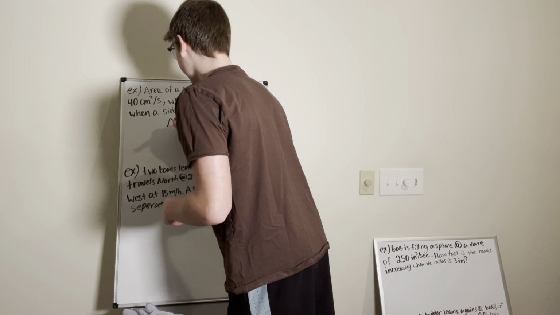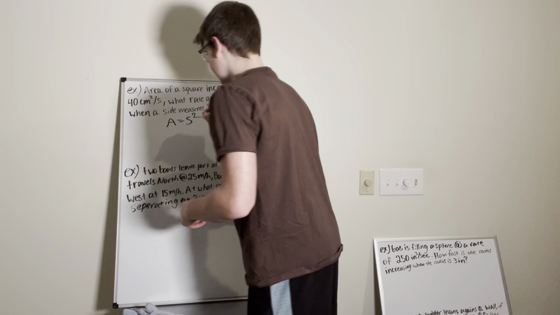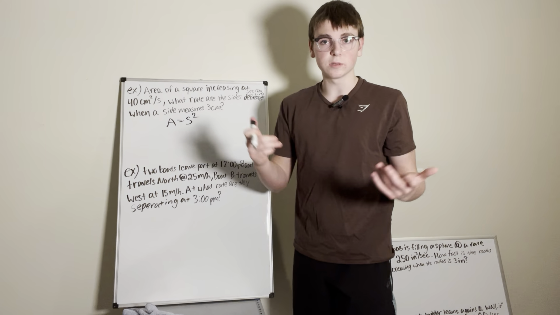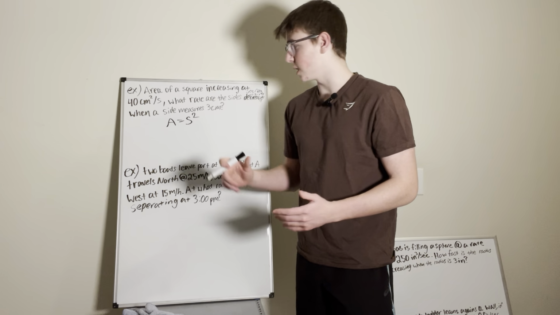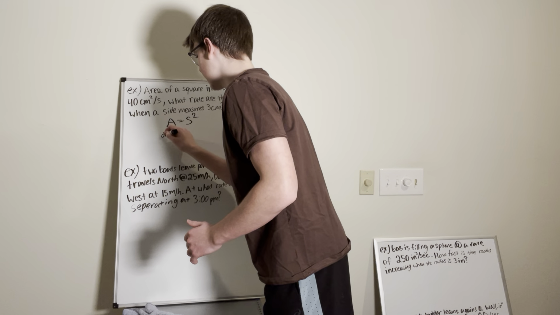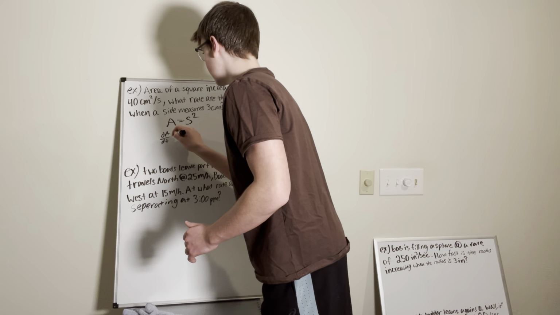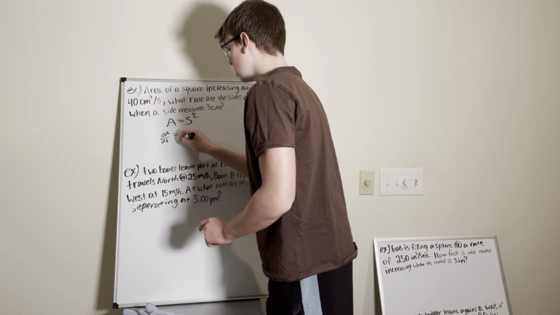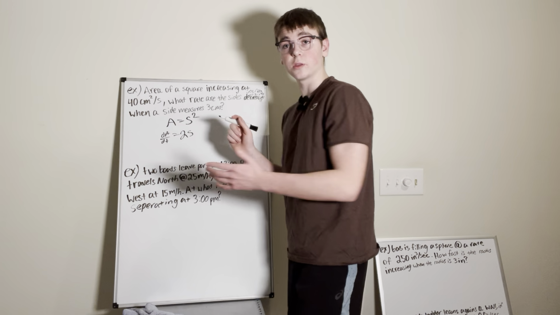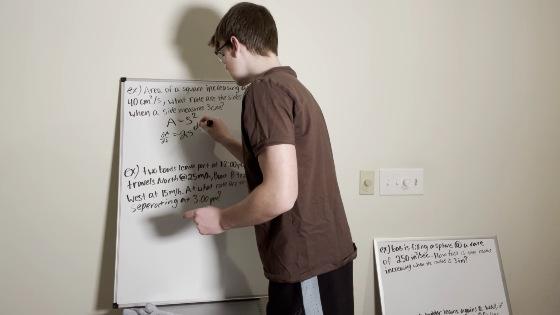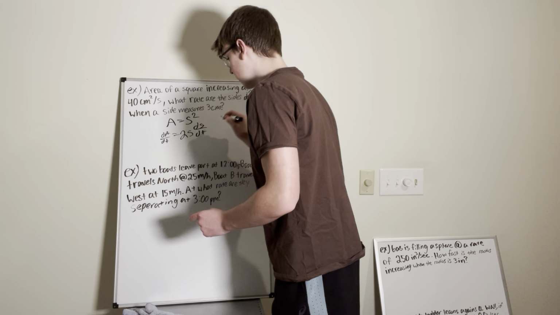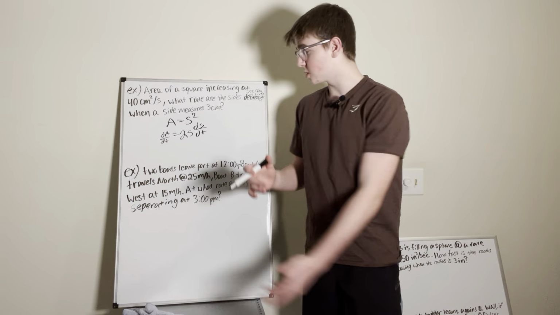So for a square, we have A equals S squared, where S is the side length. Now we have to take the derivative in relation to time. So dA over dt equals 2s, and we just took the derivative of s in relation to time, so we say ds over dt. And this is our equation.